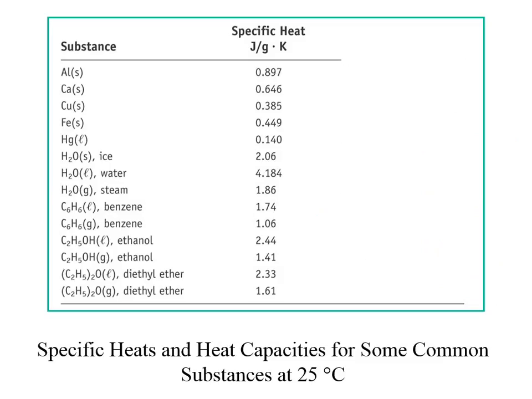Okay. All right, here's some more specific heats of some substances. So, yeah, you can see the 3 phases of water. And the only one I would hold you to is the liquid phase specific heat. But here, we've got all 3.